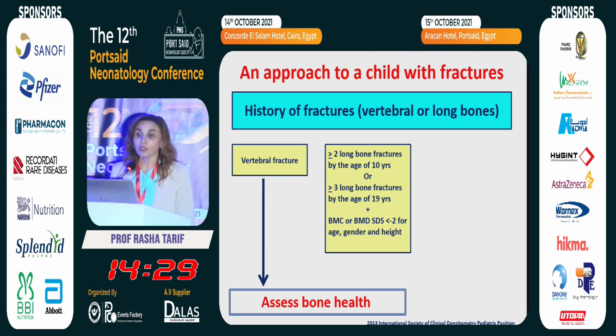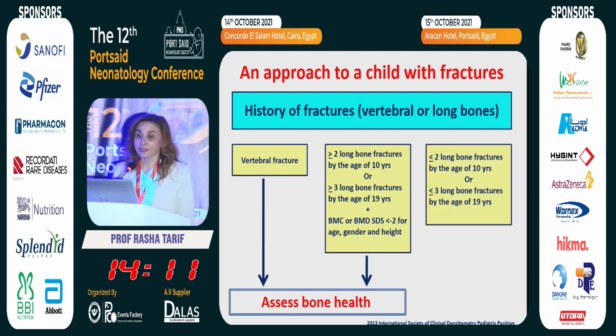If 2 or more long bone fractures by the age of 10, or 3 or more long bone fractures by the age of 19, or bone mineral density less than 2 standard deviations for age, sex, and height, we must assess the bone health.